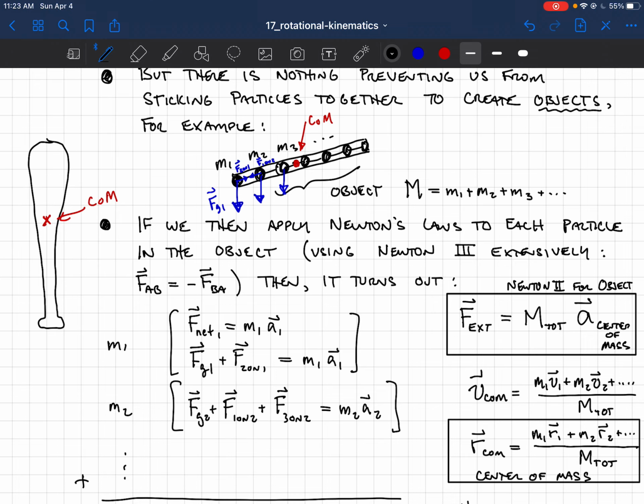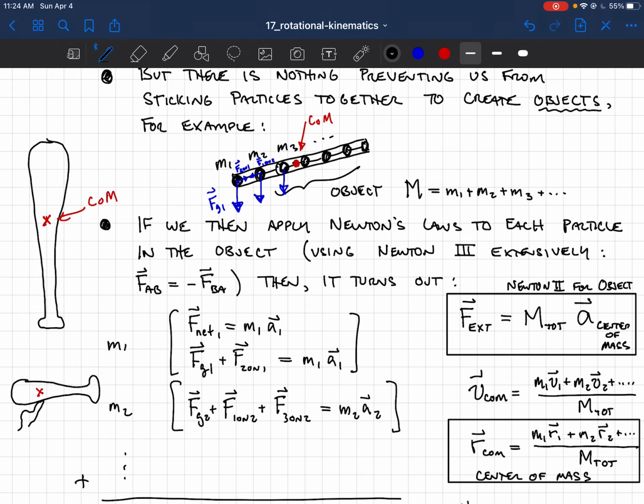And what you can see from that expression is that if you were applying gravity, for example, then gravity would be applied at the center of mass of the object. So you could effectively balance an object by, let's put the baseball bat here again, holding your finger just above the center of mass.